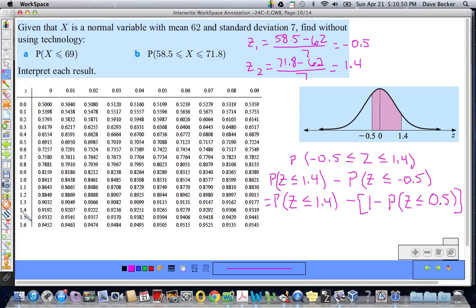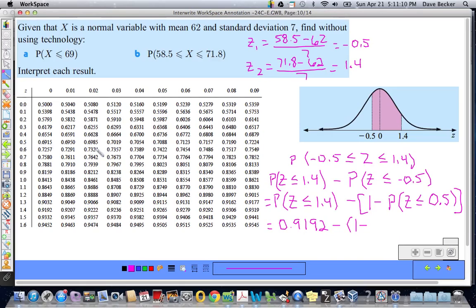And from our chart, 1.4, so that's going to be 0.9192 minus 1 minus the probability that z is less than or equal to 0.5.